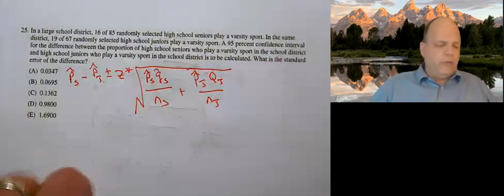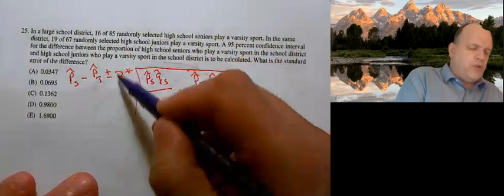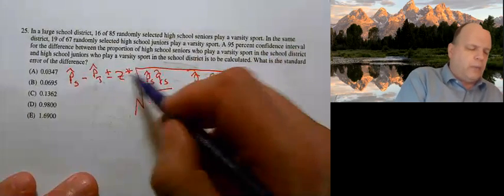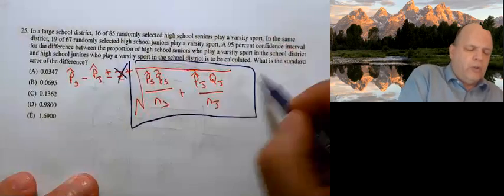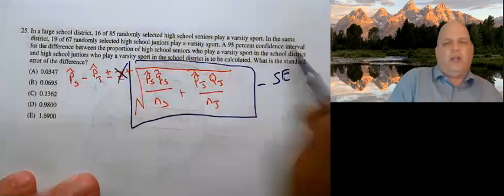All right, so they're asking for the standard error. The margin of error includes z star, but that's not what we want. We want the standard error, which is only this portion right here.